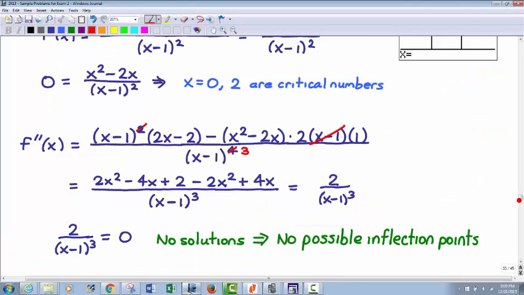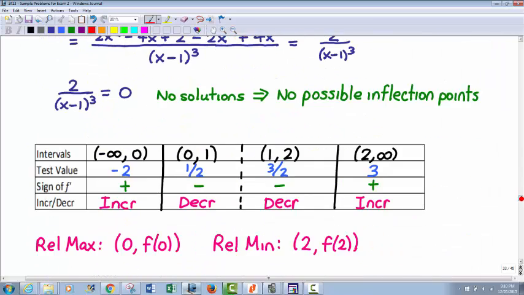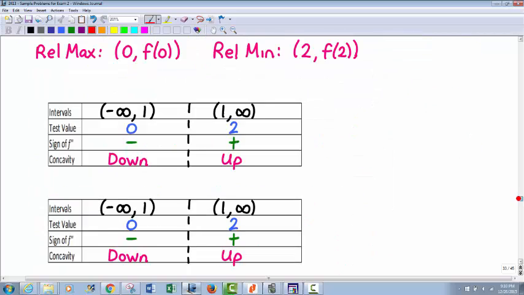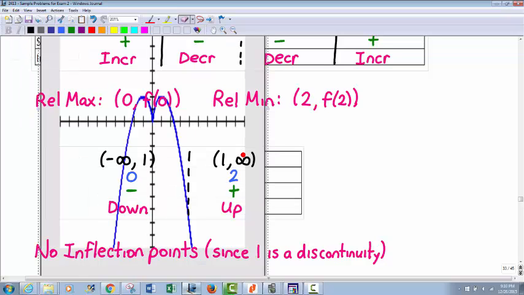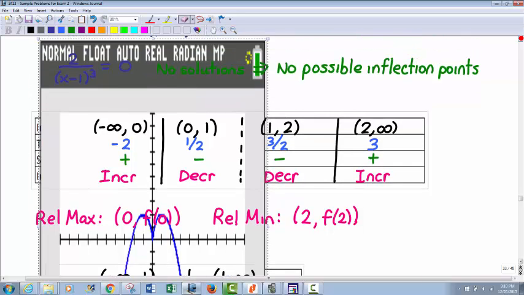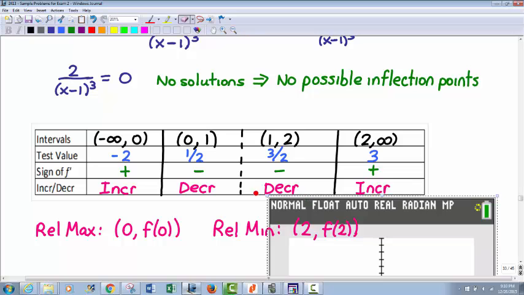Let's see where I can put that in there. I'll put it right down there. Let's grab him and drop him right down in here.